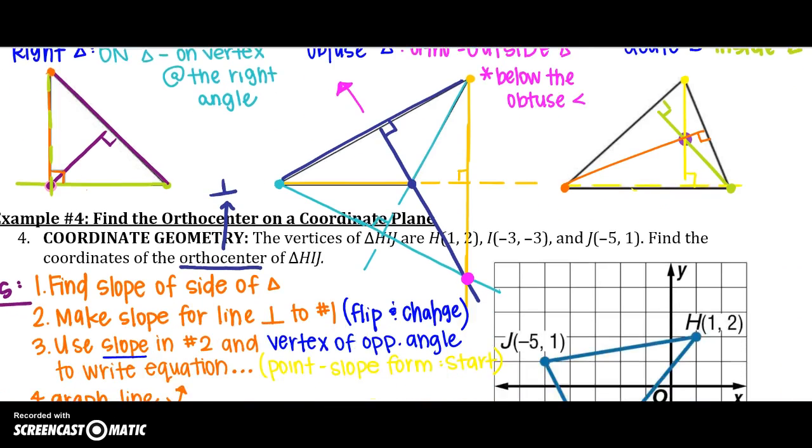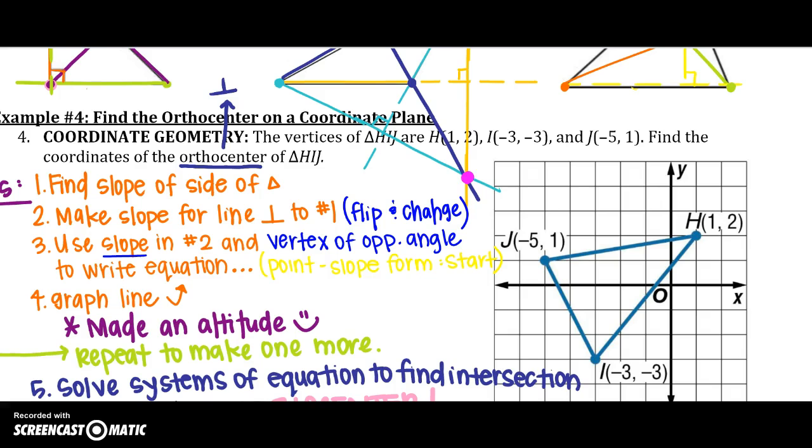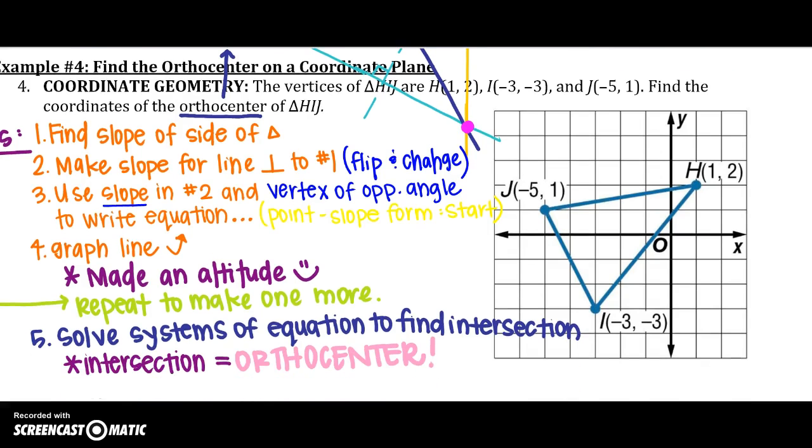So here are my really 5 steps in solving these types of problems. You only have to do this twice. You don't have to find all 3 altitudes. Just finding 2 will be good enough. We first need to find the slope of one of the sides of the triangle. So you can pick whichever side you want. Maybe we pick HI.